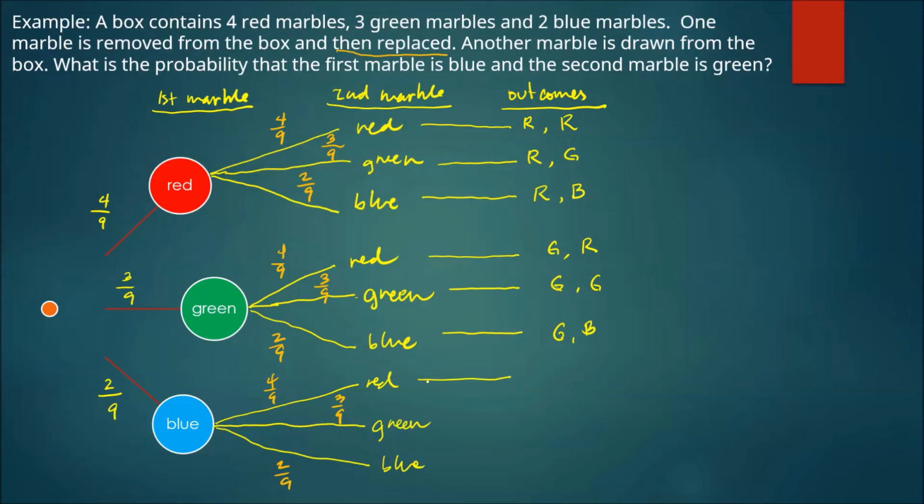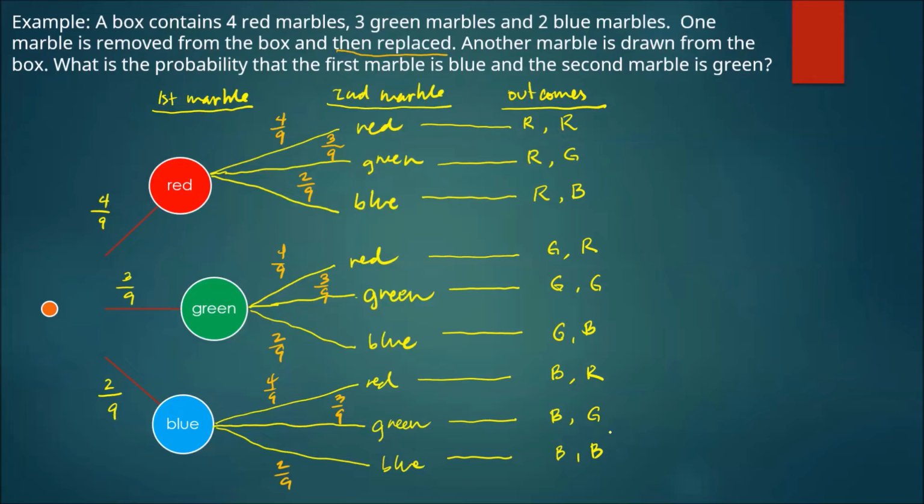The seventh possible outcome is our first marble is blue and the second marble is red, while the eighth possible outcome is our first marble is blue and the second marble is green. And the last possible outcome is our first marble is blue and the second marble is also blue.